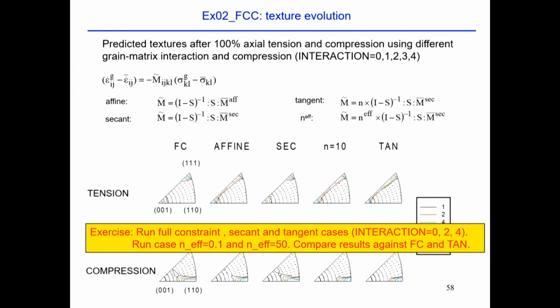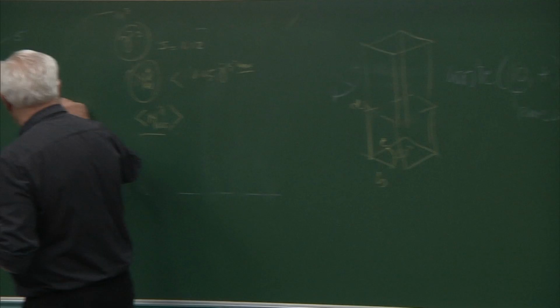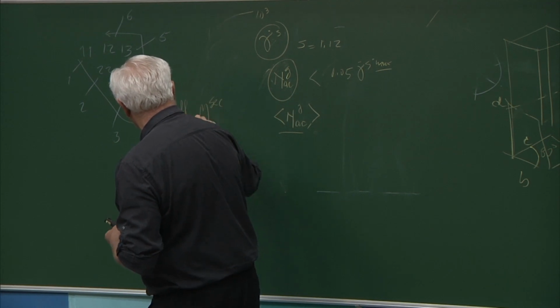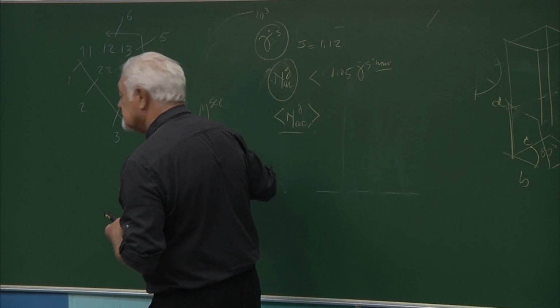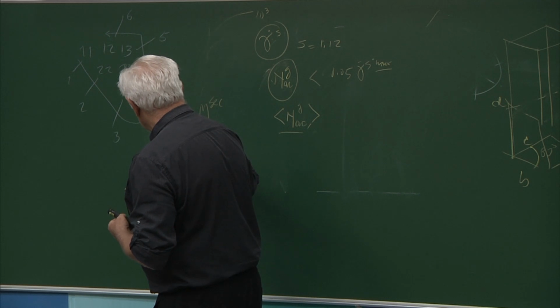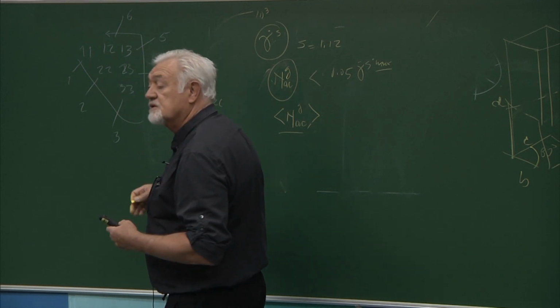Run the case n effective equals 0.1 and n effective equals 50, because that allows you to show that you can control the compliance of the medium. With n effective equals 0.1, what you are doing is you have m secant, and you're multiplying it by n effective. So m secant is already very stiff, but if you multiply it by 0.1, you make it even stiffer.